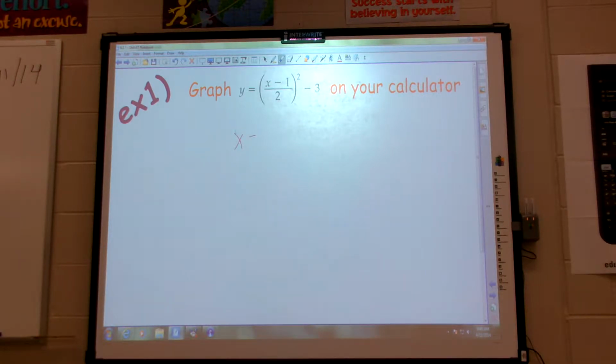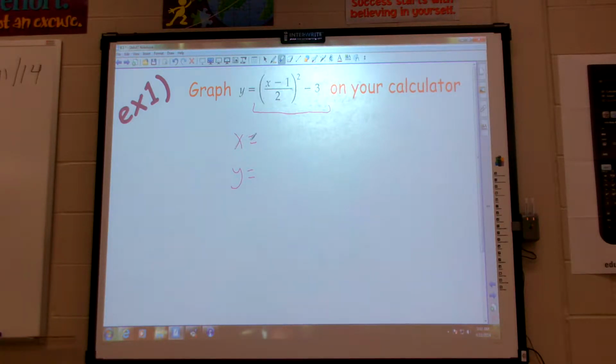Now, I know I'm going to have x equals, y equals, and they both need to depend on t. Okay? Now look at your equation. What is your independent variable here? X, right? Because y depends on what x is. So y is the dependent, x is the independent.